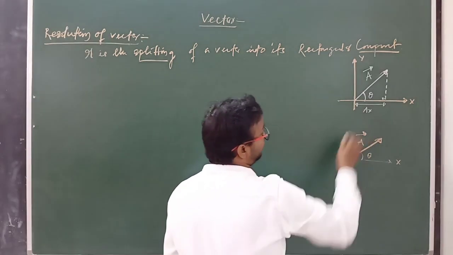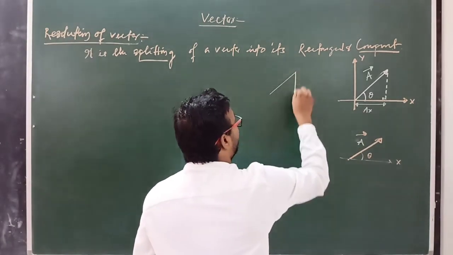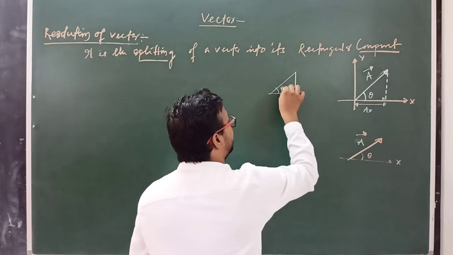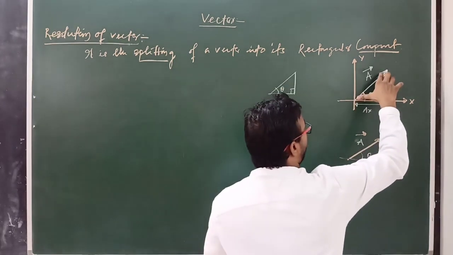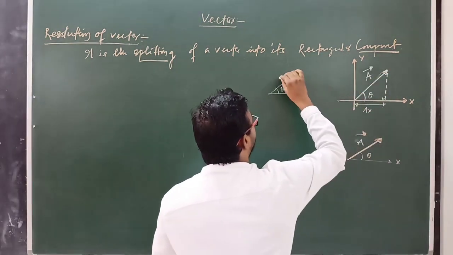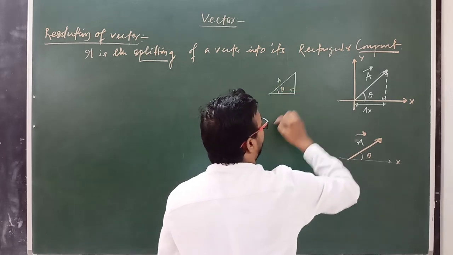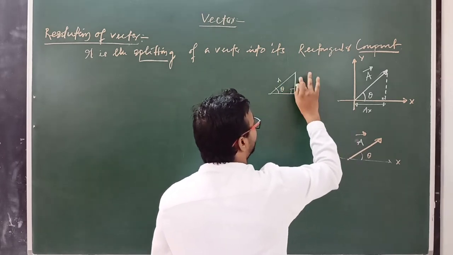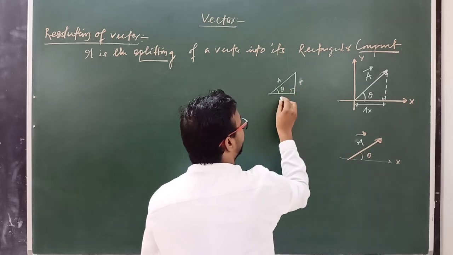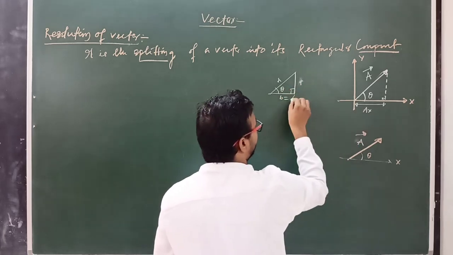So how can we find this distance? Look at this triangle: angle 90, angle theta here, the magnitude of vector a represents the hypotenuse h, this is the perpendicular p, and this is the base b, equal to ax.